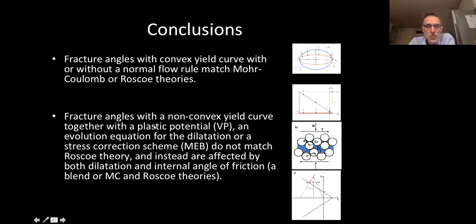The fracture angles with a non-convex yield curve, together with a plastic potential in the context of the VP rheology, an evolution equation for the dilatation, or a stress correction scheme in the context of the MEB, do not match Roscoe theory and instead are affected by both dilatation and internal angle of friction. So basically, it is a blend between Mohr-Coulomb and Roscoe theories. This is something that we do not yet fully understand, and that we need to investigate further.